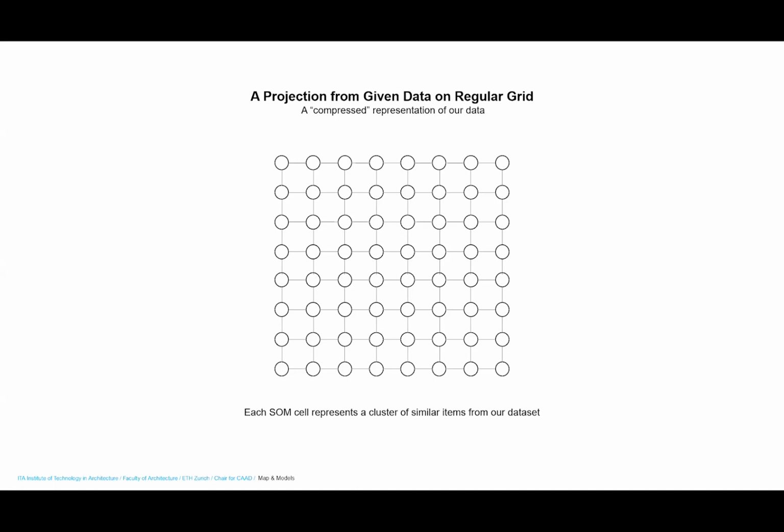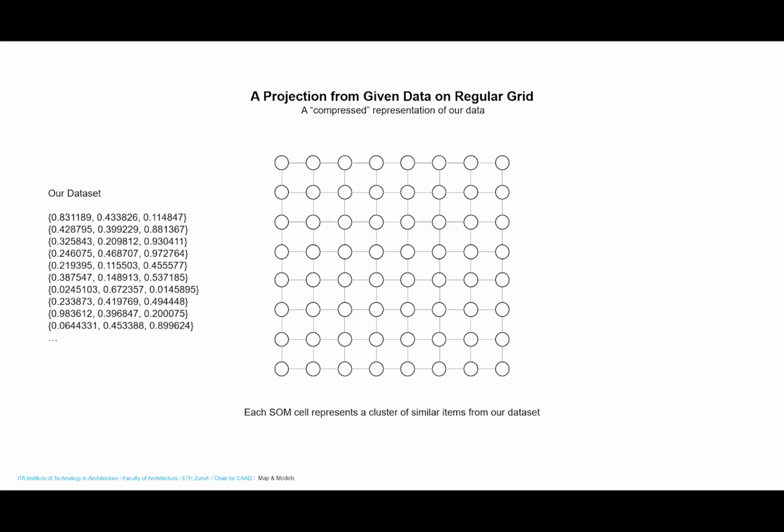For us, SOM can be understood as a projection from our data to a regular grid, or a compressed representation of our data. What does this mean? Imagine that we have our data set, for example a list of 3-dimensional feature vectors.